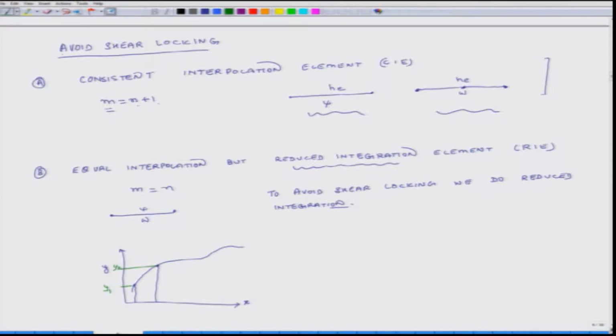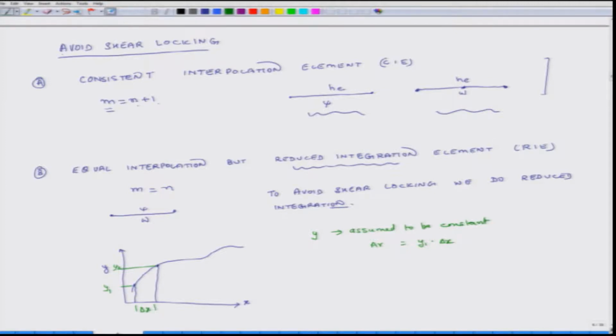If I assume that y is constant, then the area is equal to y1 times delta x.